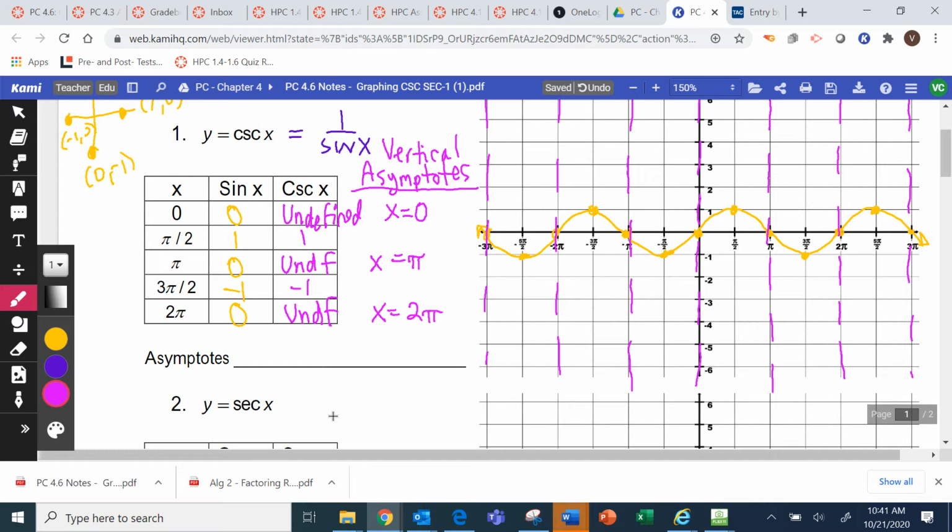So is the window that I'm looking at the entire graph? The window I'm looking at is not the entire graph. I can see 7 of them, but I have to write all of the asymptotes. So how many asymptotes will I write? There's more than 7, Jeffrey, because this goes on forever. I'm just not going to draw it forever.